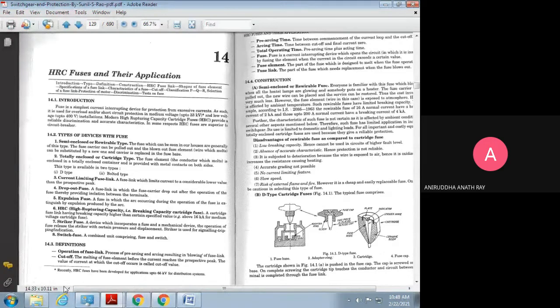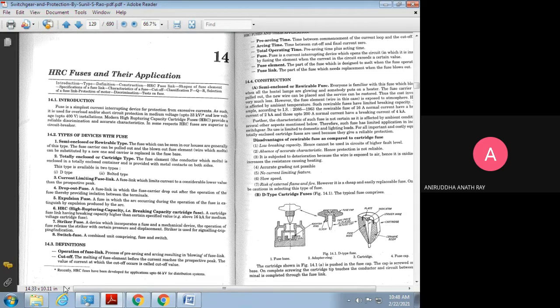The fuse element, that is, the conductor which melts, is enclosed in a totally enclosed container and is provided with metal contacts on both the sides. This type is available in two types, that is D type and bolted type.